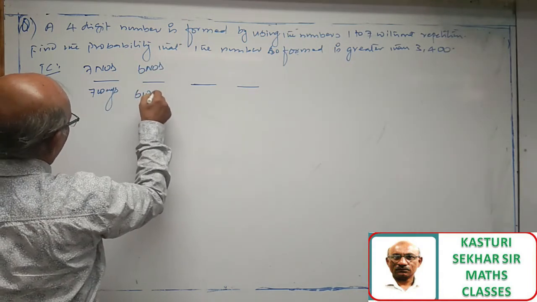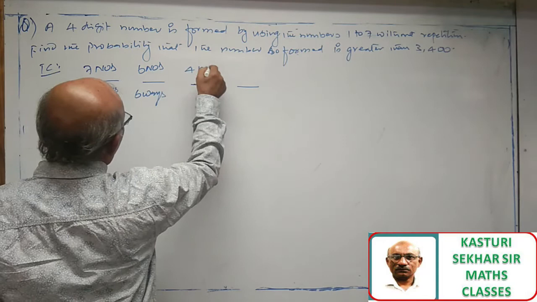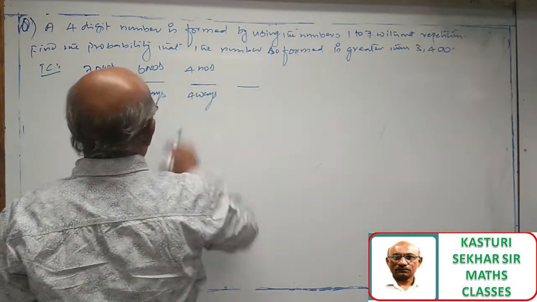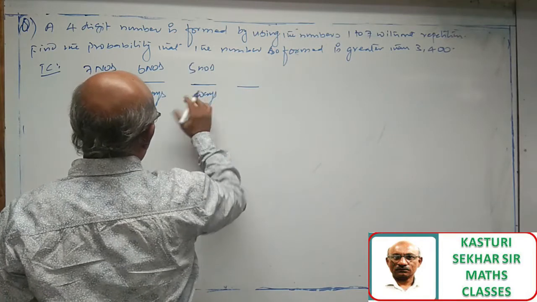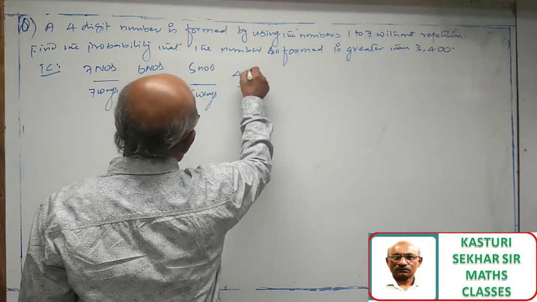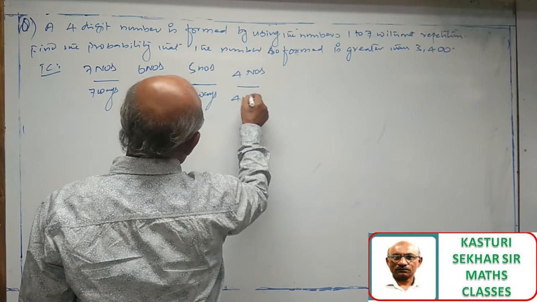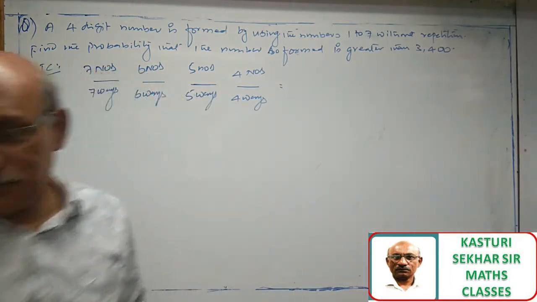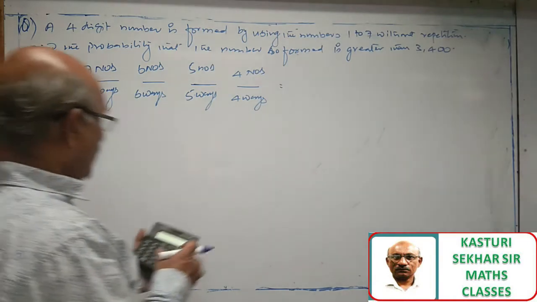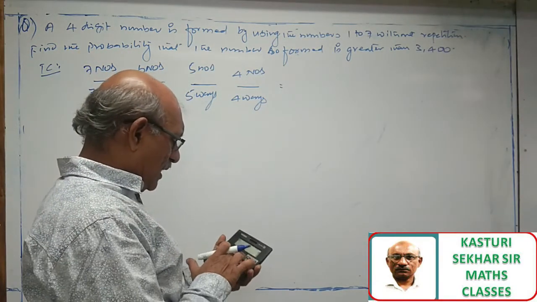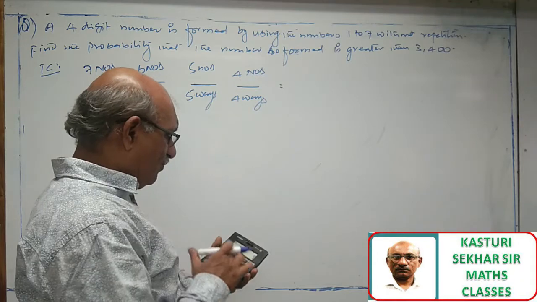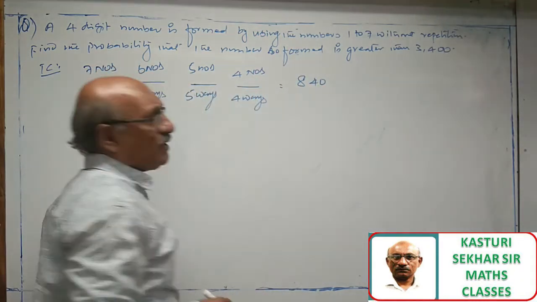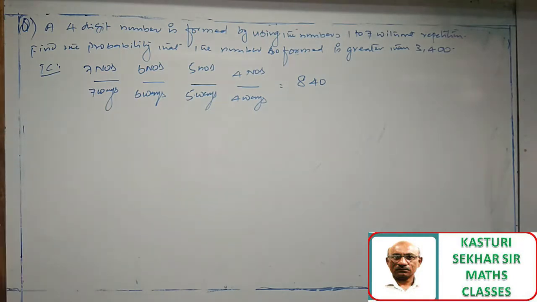This can be filled in 6 ways. 5 numbers are available. This can be filled in 5 ways. 4 numbers are available. This can be filled in 4 ways. So total number of cases: 7 into 6 into 5 into 4, 840. Total number of cases are 840.